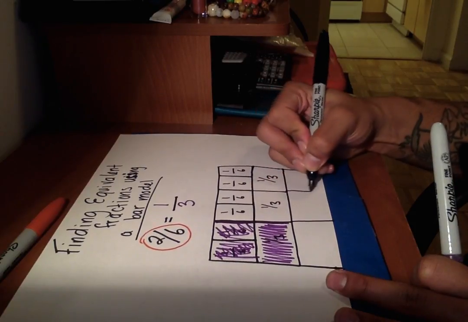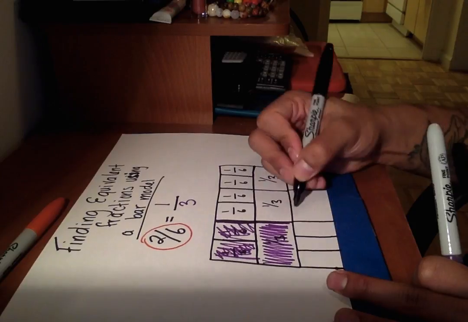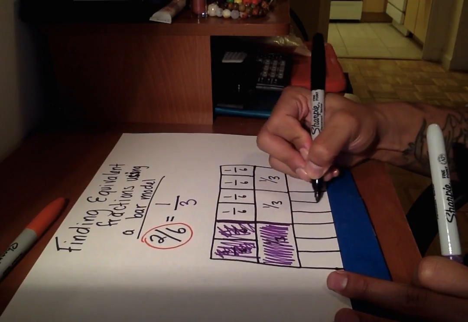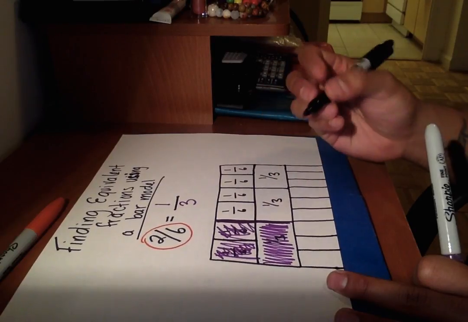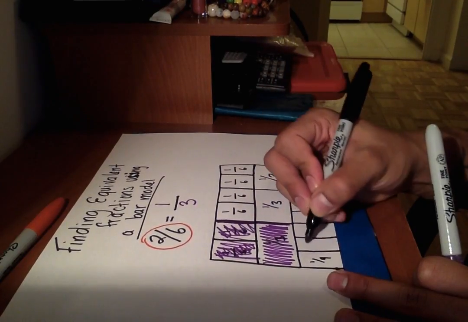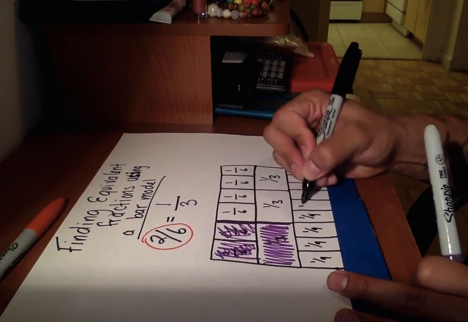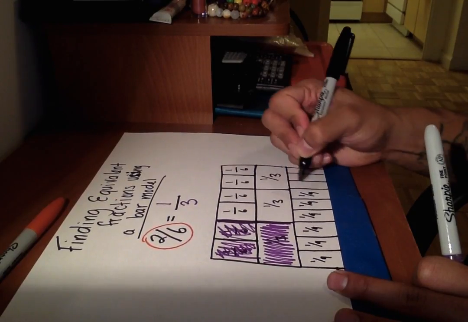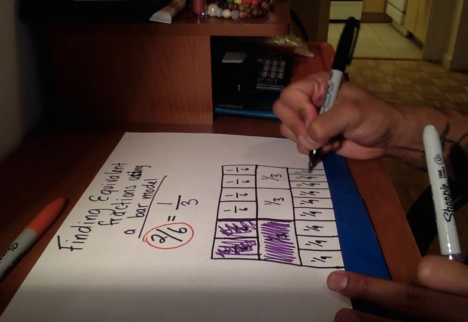So I'm going to break these into ninths. And of course, we label our unit fractions. We have 1/9, 1/9, 1/9, 1/9, 1/9, 1/9, 1/9, 1/9, 1/9.